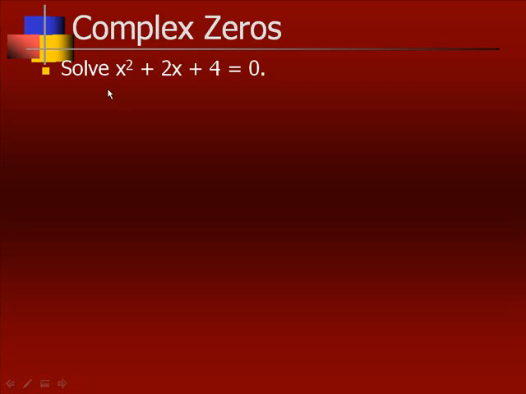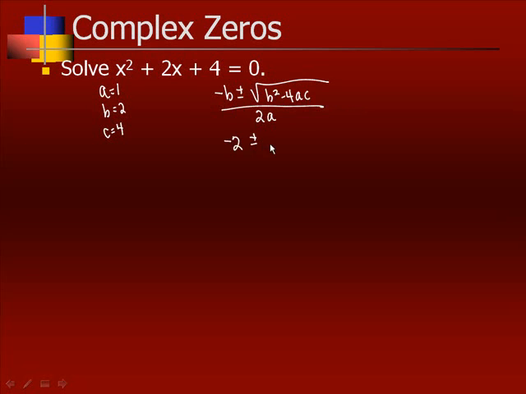But if we went through and did the quadratic formula, a is 1, b is 2, c is 4. Recall that would be negative b plus or minus the square root of b squared minus 4ac all over 2a.